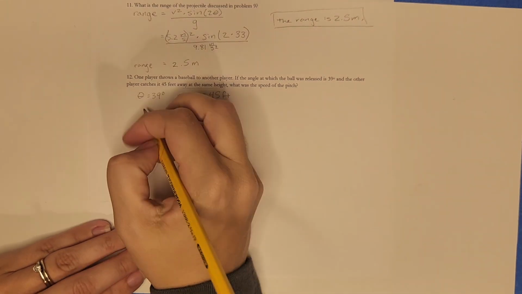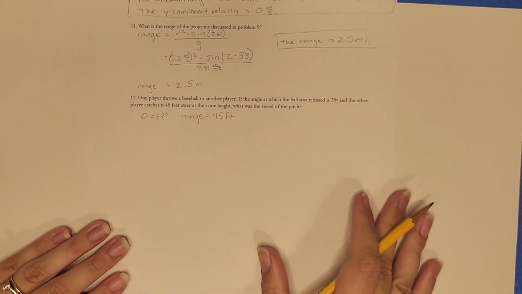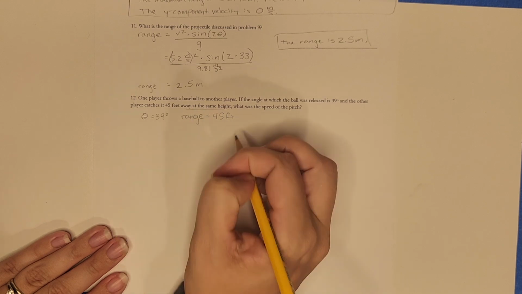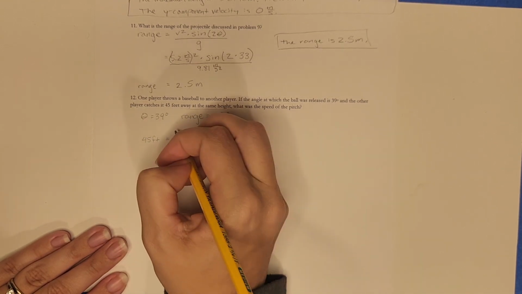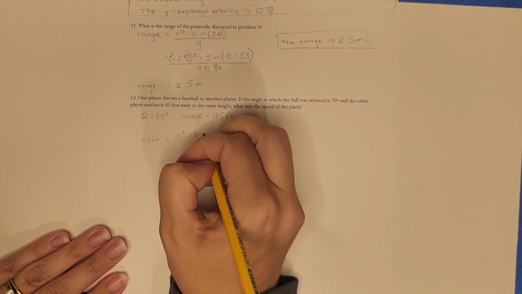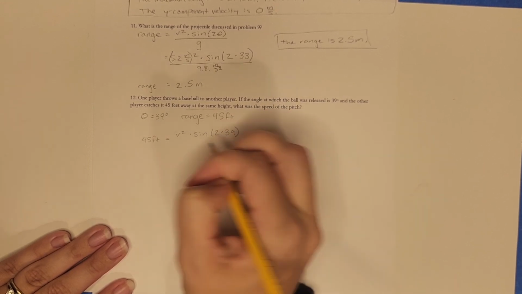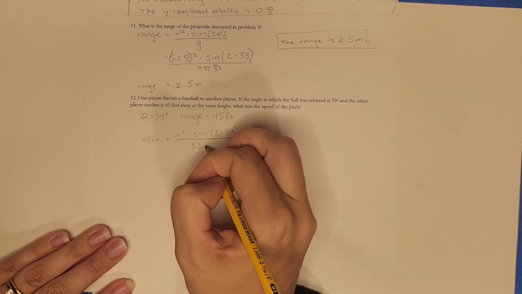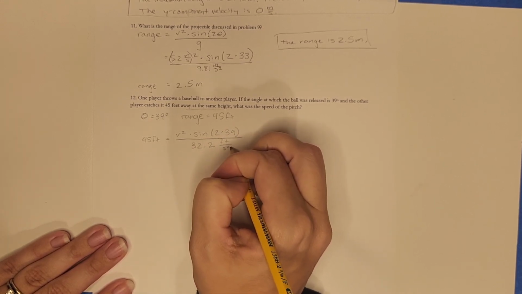And so we can just plug these into the range equation. And I'm not going to rewrite the equation that is up here. We're just gonna plug it in. So range 45 feet equals, we have velocity squared, which is our unknown, times the sine of 2 times 39. We're dividing all of that by, remember that we're dealing in feet here, so we're going to use 32.2 feet per second squared.